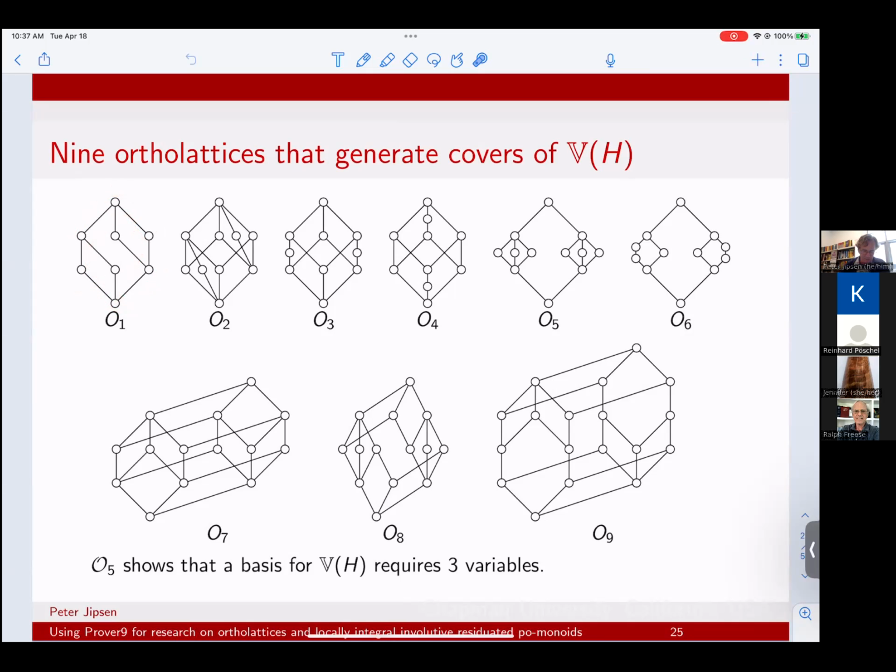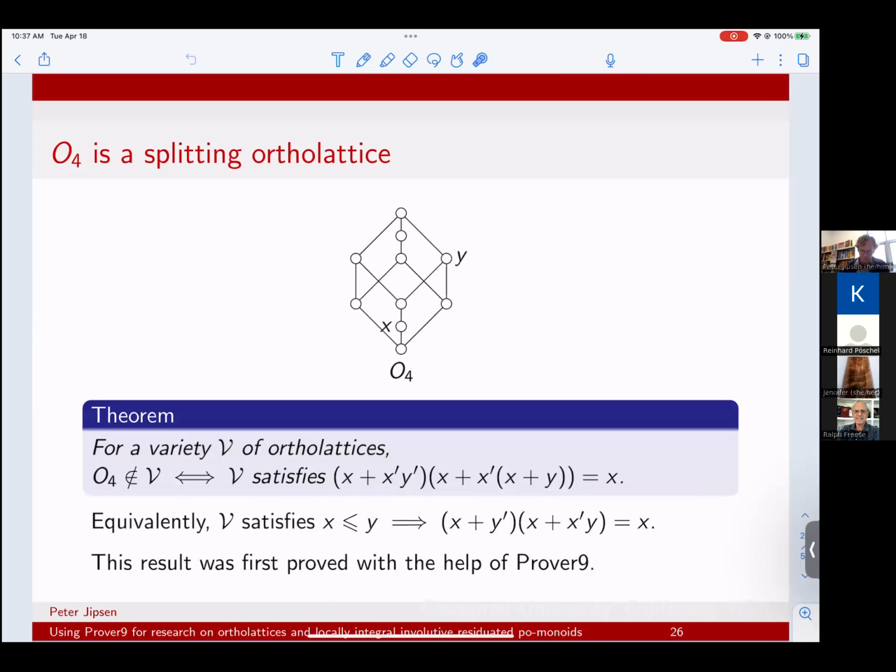So it's just themselves. These are 9 subdirectly irreducible ortholattices that have the hexagon and the 2-element ortholattice as additional subdirectly irreducible members in their variety. That's something one can check quite easily with the computer, and also, of course, by hand once you know them.